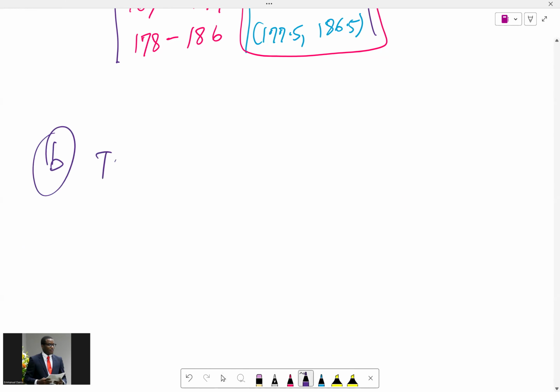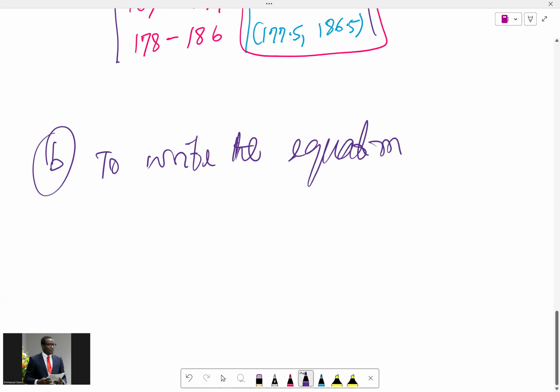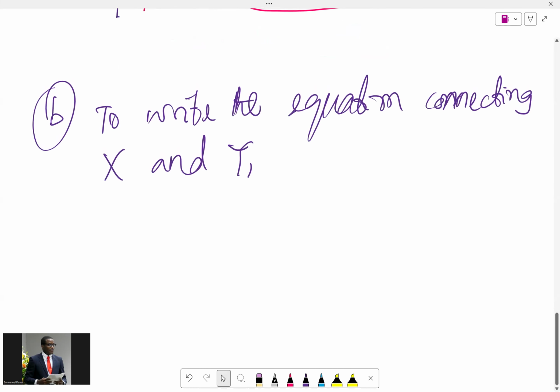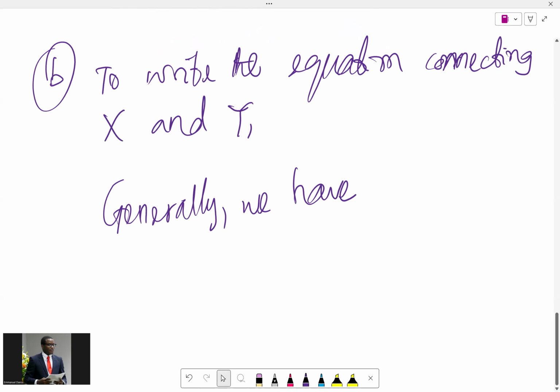B, to write the equation connecting X and Y, generally, we have regression, right?